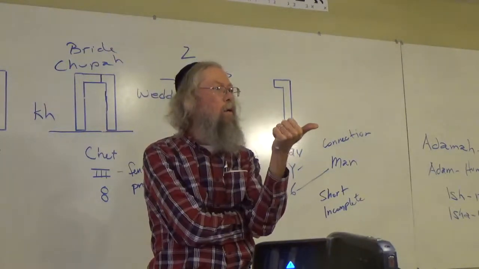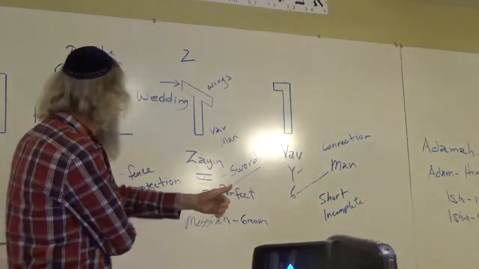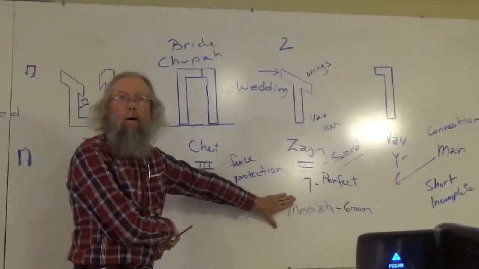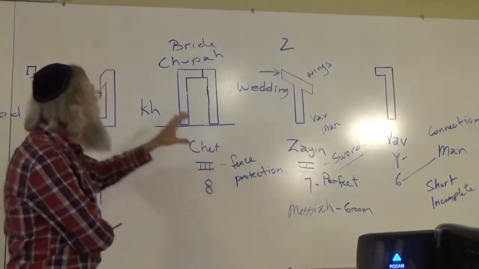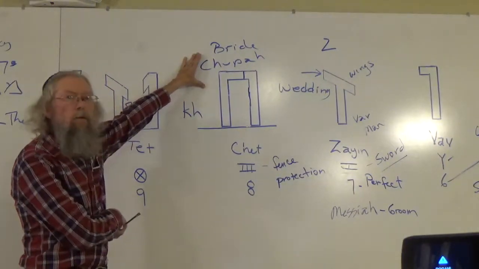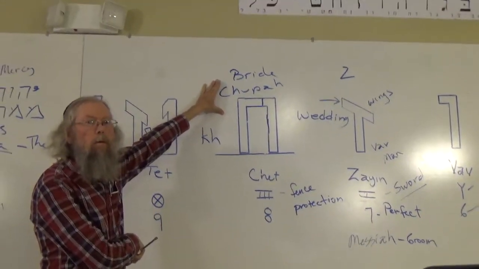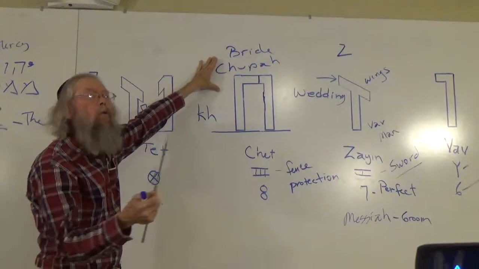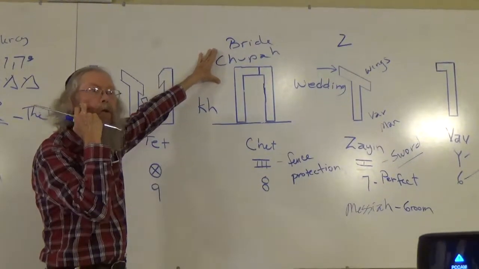So the husband, the groom, represents who? Mashiach. The assembly represents the bride coming under his chuppah.